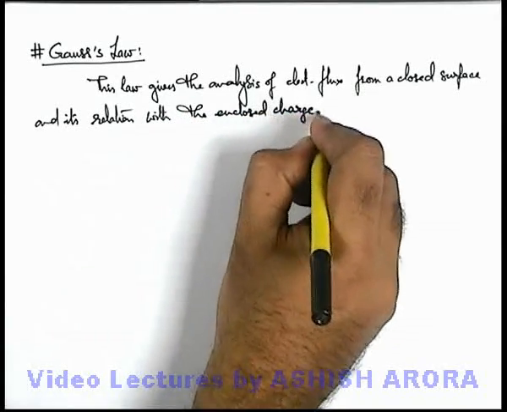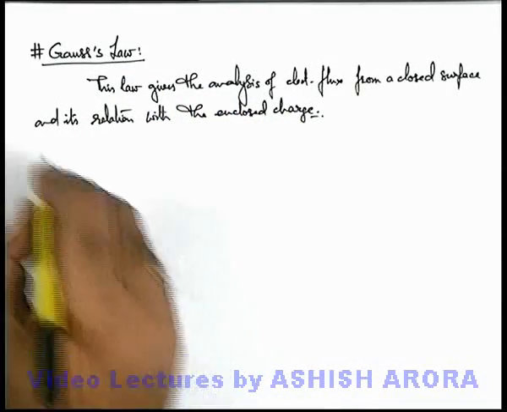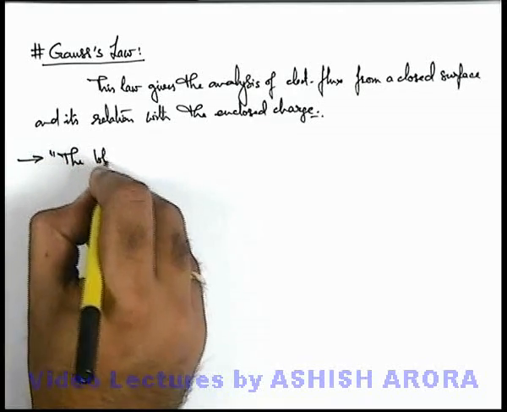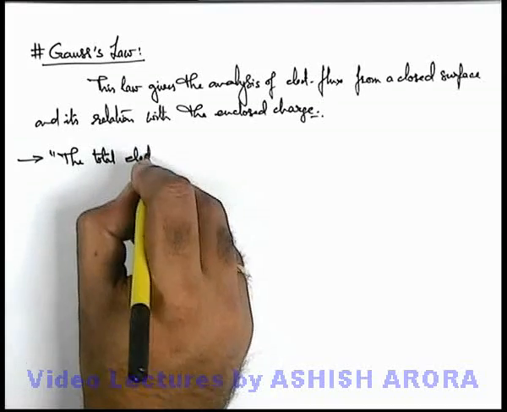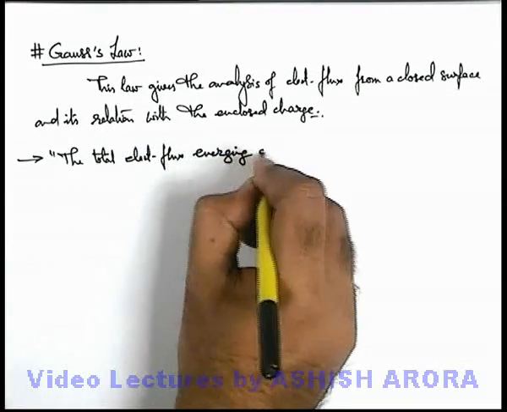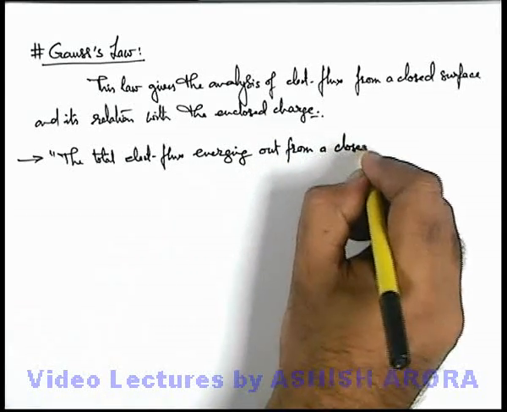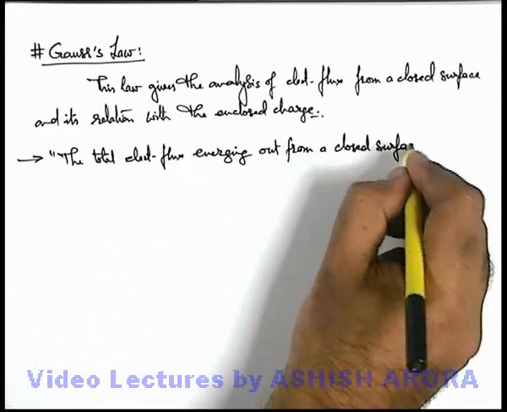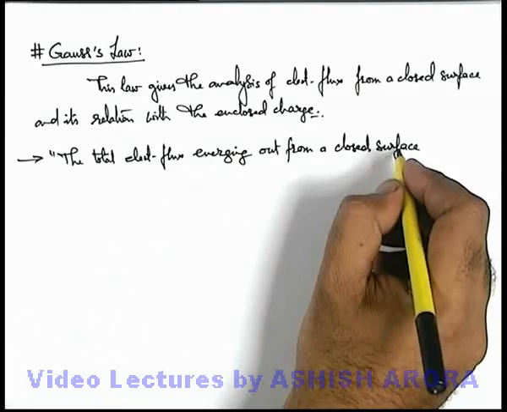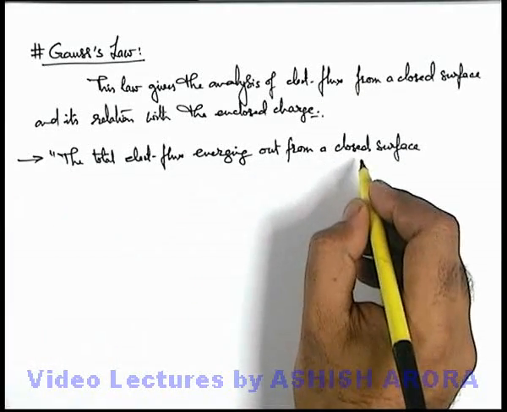Let's first write down the statement of Gauss law and we'll understand it later. This Gauss law states that the total electric flux emerging out from a closed surface. Be careful that in case of Gauss law, closed surface is mandatory. We need to first consider a closed surface and then we analyze the total electric flux coming out from a closed surface.